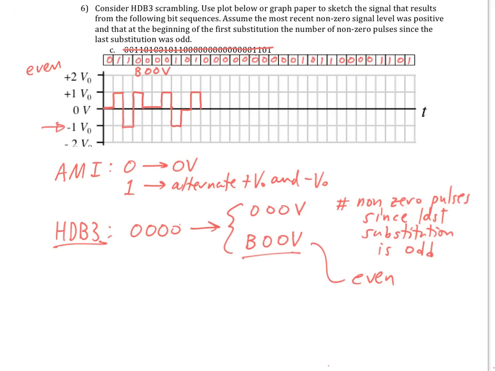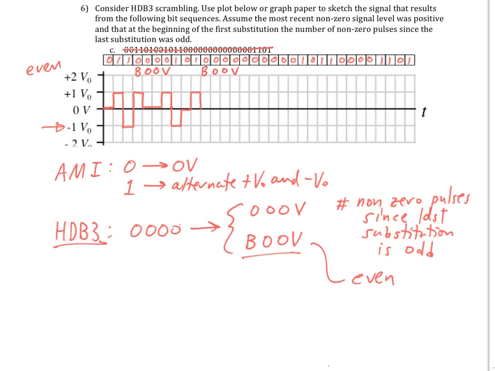And so I have to ask the question, which is it? The 000V or B00V? So I have to count the number of non-zero pulses since the last substitution. Well, the last substitution ended here, and I have 2 non-zero pulses, and so it's even. And so I'm going to use the B00V again here.